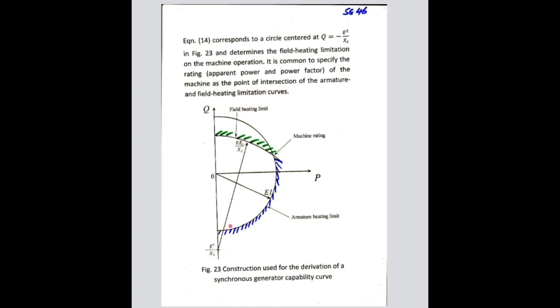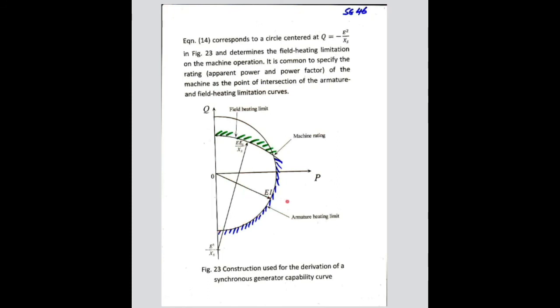As you can see, when you're moving into this region here, you can't exceed this curve. So there is an intersection here between the green curve and the blue one, right? So you have to operate the generator in this section. That's the safe operating region.